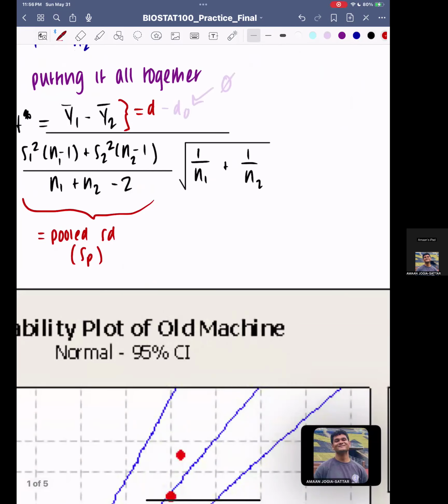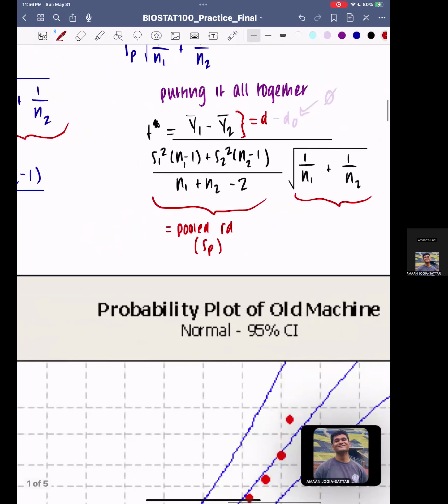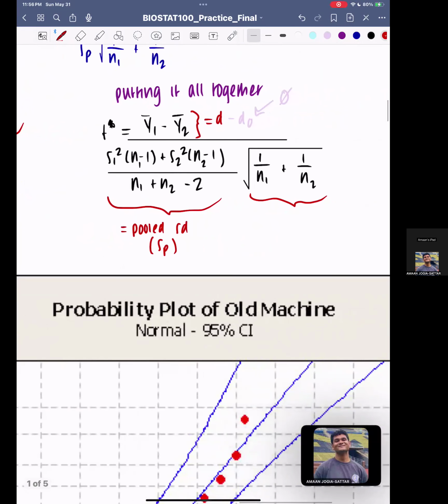And then this is basically just scaling our pooled SD, this right here. Does that all make sense? I can't ask, no one's here. But yeah, that is basically what it is. If you have any more questions, please feel free to talk to me about it. If you have a formula sheet, feel free to just use it.